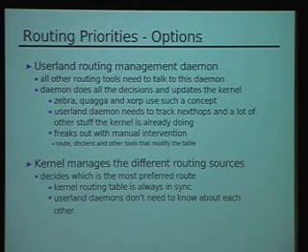Now, there are two ways of doing it. The common way, which is what Quagga, Zebra, and other routing projects are using, is that they have one userland process that talks to the kernel through the routing socket, and everything that wants to change routes actually has to talk to this daemon.